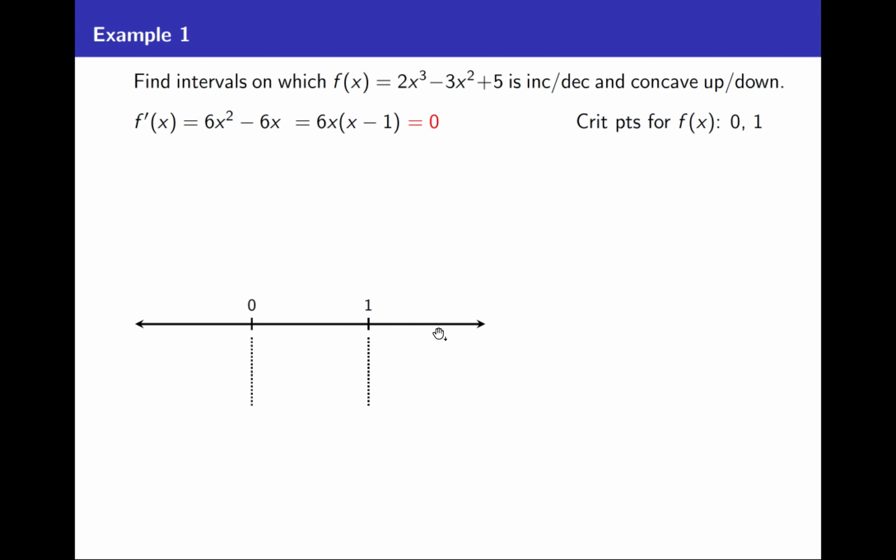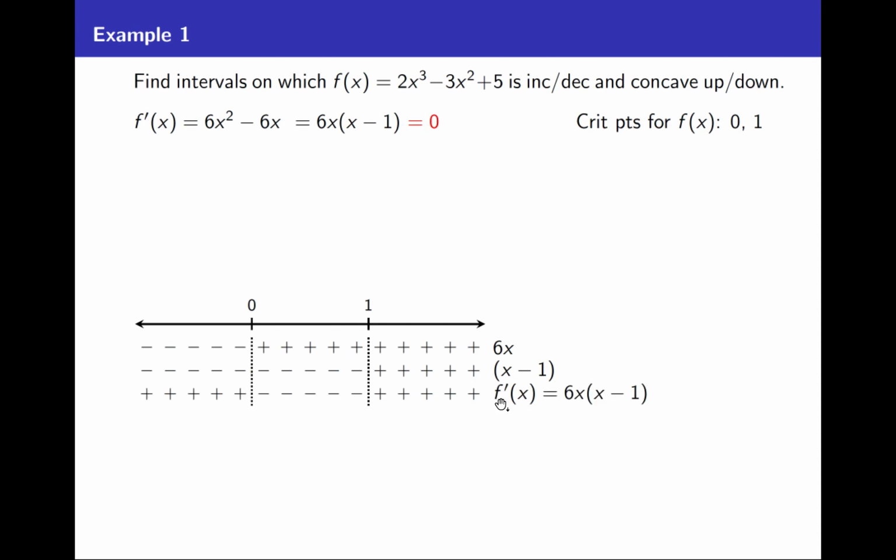And then we want to look at the sign of f prime on those 3 intervals. And to do that, we can break f prime up into its 2 factors and look at them independently. The 6x is positive when x is positive, and it's negative when x is negative. The x minus 1 is positive if x is greater than 1, and it's negative when x is less than 1.